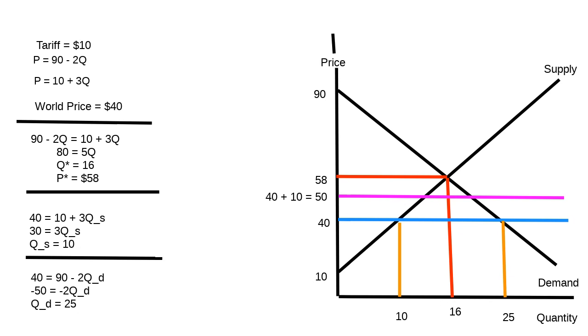So that means that the quantity demanded and quantity supplied is going to change, right? If the producers can charge more, they're going to produce more, right? That's the law of supply. So instead of charging $40, now they can charge $50.